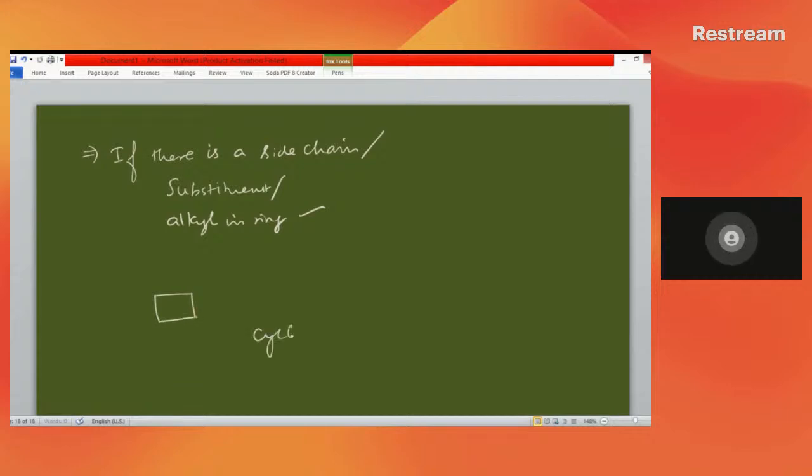This is called cyclobutane, as there are 4 carbon atoms in the ring structure. Suppose in one of the corners you find CH3, this can be called methylcyclobutane. Likewise, butane, 4 carbons. If you find C2H5, then it can be called ethylcyclobutane. Easy to write the name.